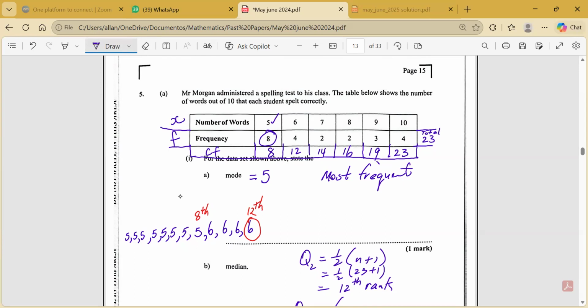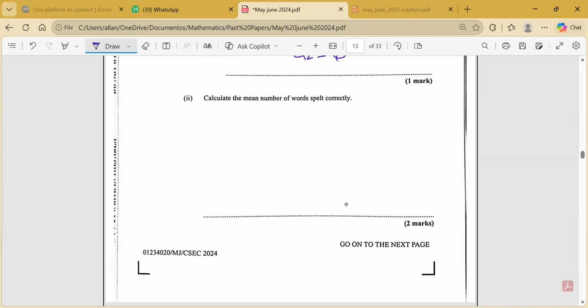Find F times X. You're going to work that out for homework. The total, you're going to add it up and divide by what? By 23. Very good. I worked this out already. I got 7 as the answer. So look out for 7.